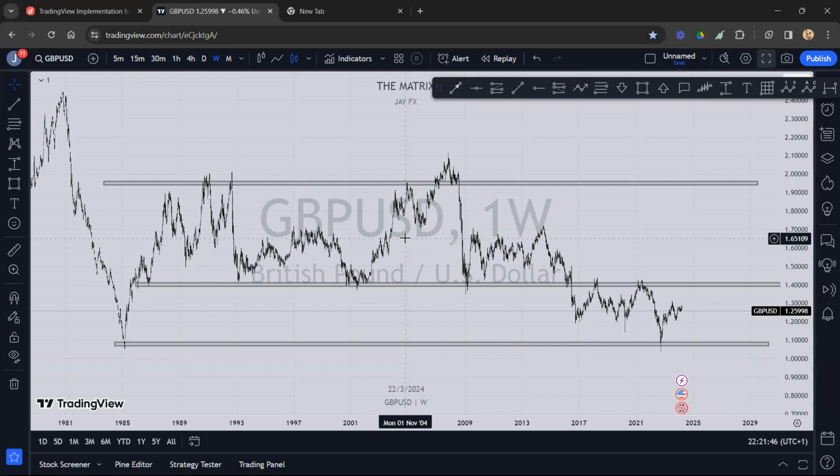Now, I don't know if you've observed what the market is doing. It's a repetition of what has happened before. So now the market moves from one key level to another key level, from one key level to another. It is as simple as ABC.